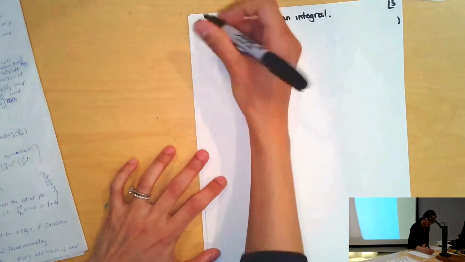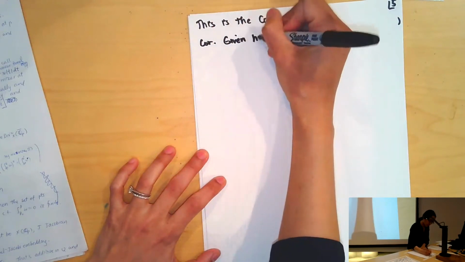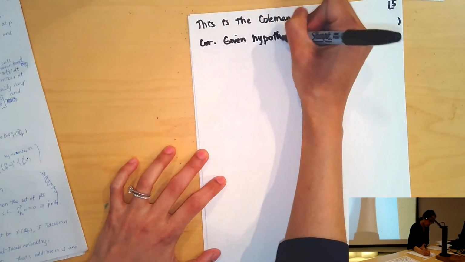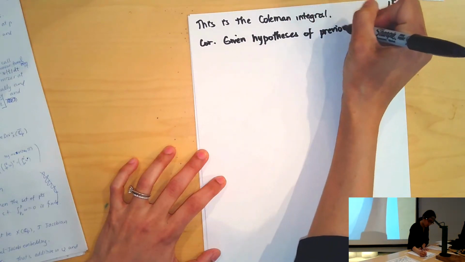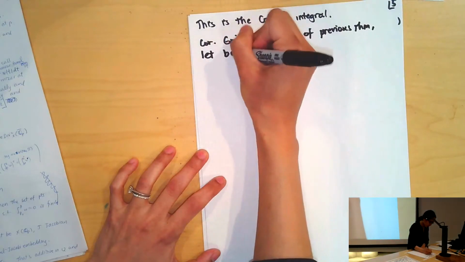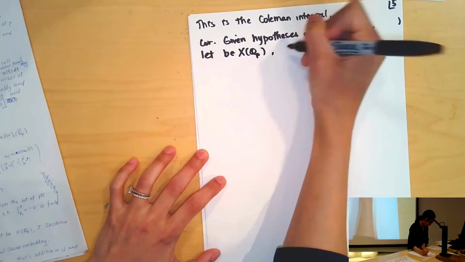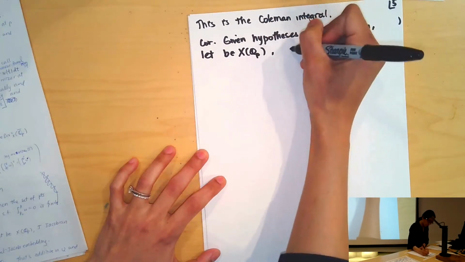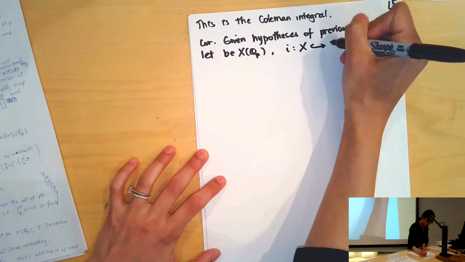All right, so as a corollary, given the hypotheses of our previous theorem, I'm going to fix a base point B over Q_p, and I'm going to use that to embed our curve X into its Jacobian.